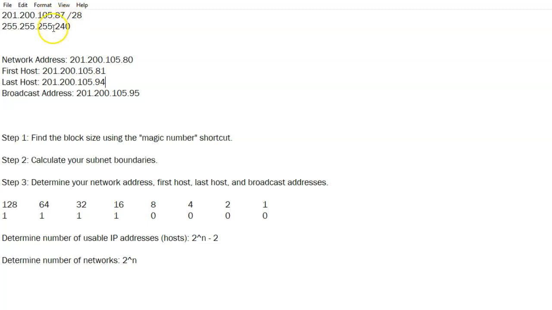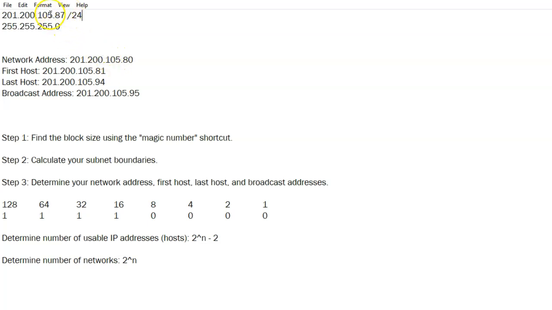If this value were 0, this would be represented by a /24 mask. To find your network address, it's quite simple. Again, where you see 255, you drop down those values: 201, 200, 105.